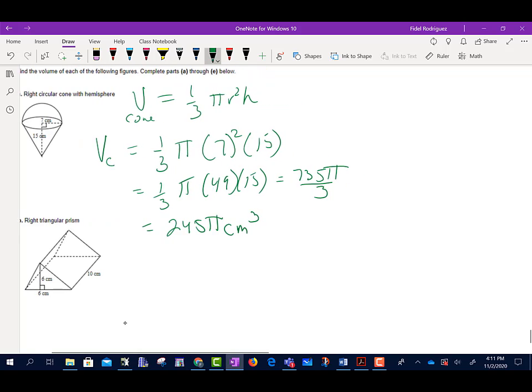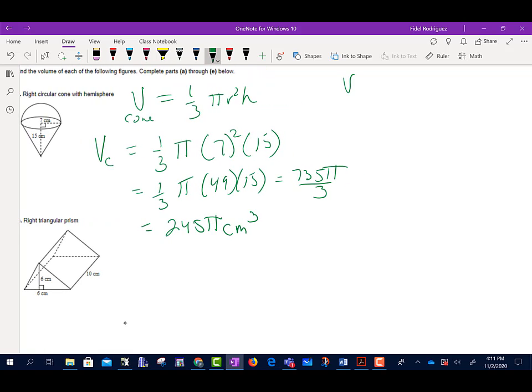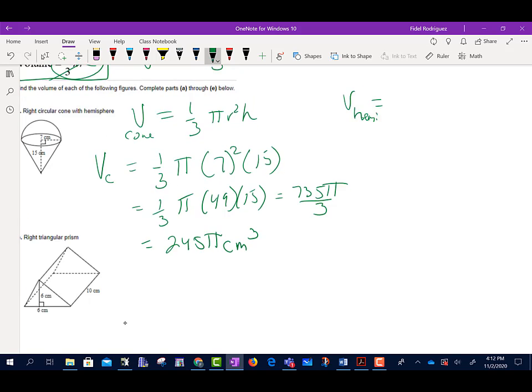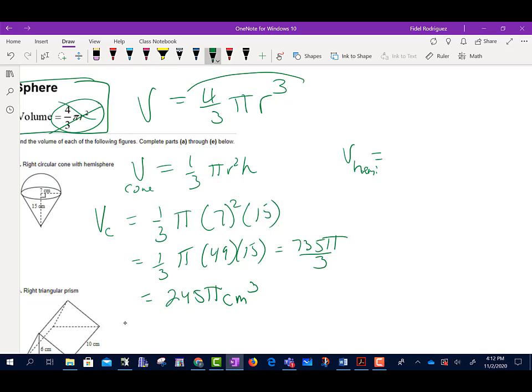Now, we need to do the part of the hemisphere. So I'm going to use a little h, or I'll put hemi, okay, for hemisphere. So we know the formula for the sphere is 4/3 pi r to the third, right? We're going to have to multiply this now by half because it is a hemisphere.